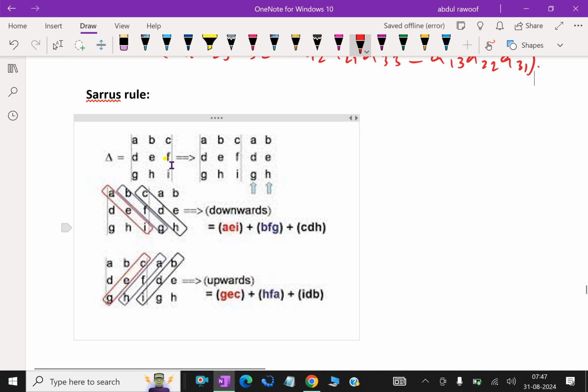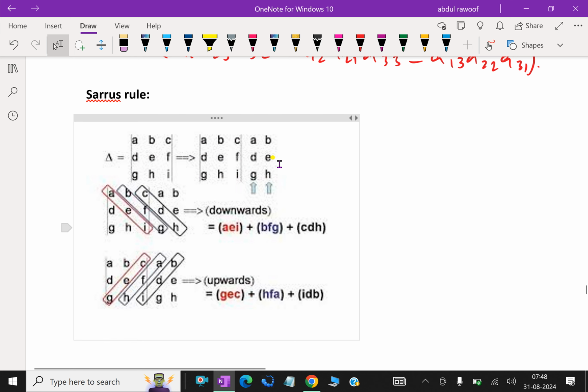First of all, you have to write the determinant as it is, A, B, C, D, E, F and G, H, I, and then write the first two columns again, A, B, D, E, G, H. That means A, B, C, A, B, D, E, F, D, E, G, H, I, G, H. You have to write this.